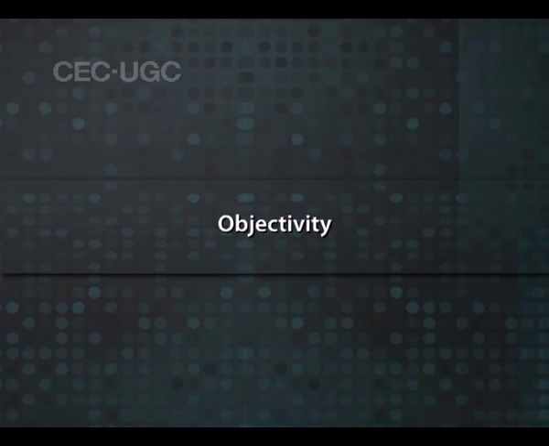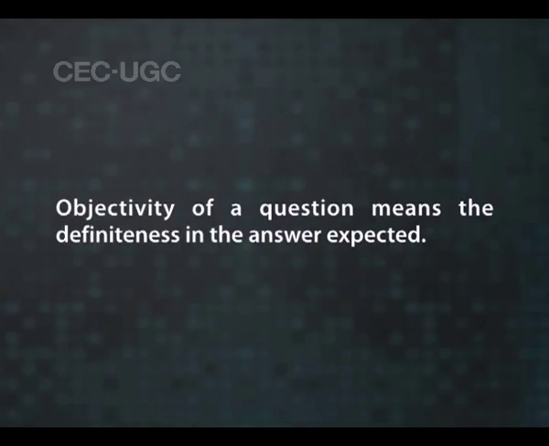Objectivity. Objectivity of a question means the definiteness in the answer expected. If the question is not definite, the students will interpret it in different ways and will give different answers. If more than one evaluator is involved, they will give their own subjective interpretation and score the answers with different criteria.